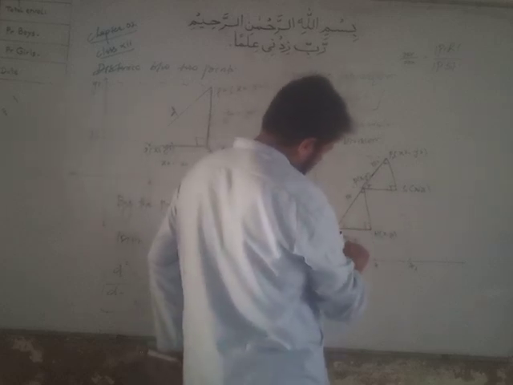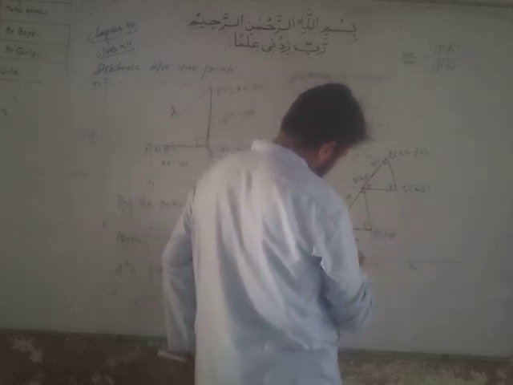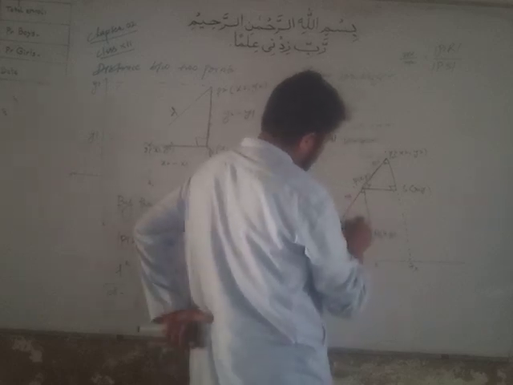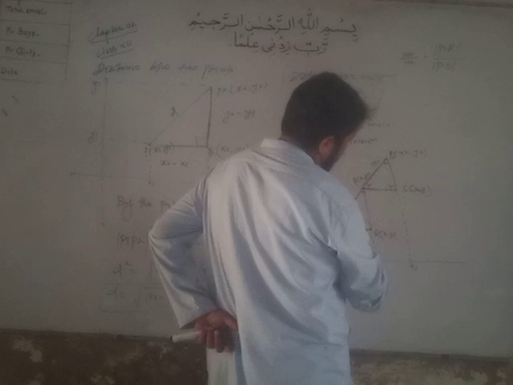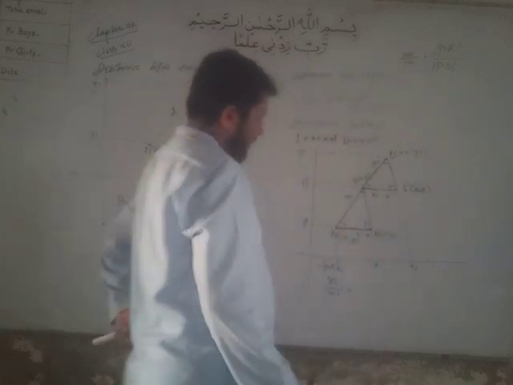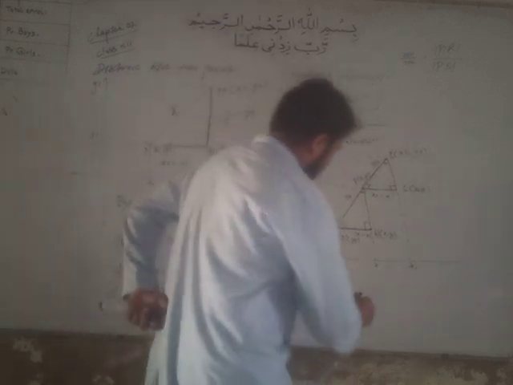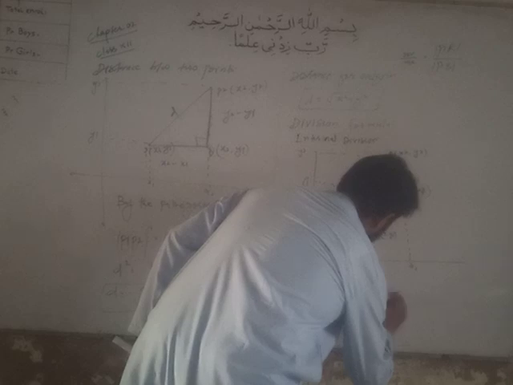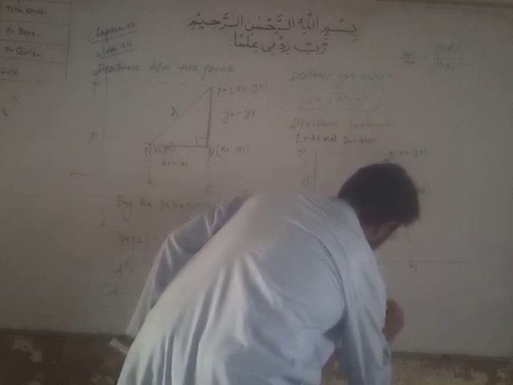Here y1 minus y1 will be cancelled. So this will be x minus x1, and here this will be x2 minus x. Okay, so we can say that it is x minus x1 divided by x2 minus x.